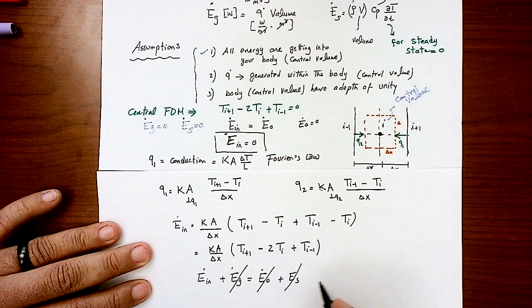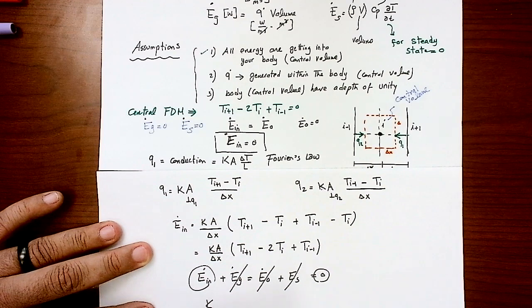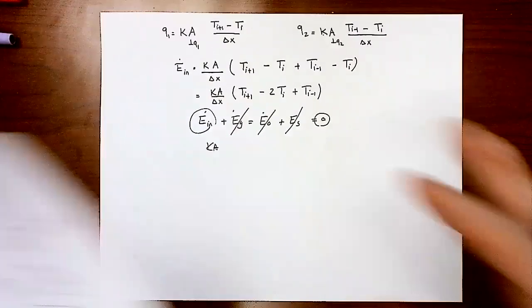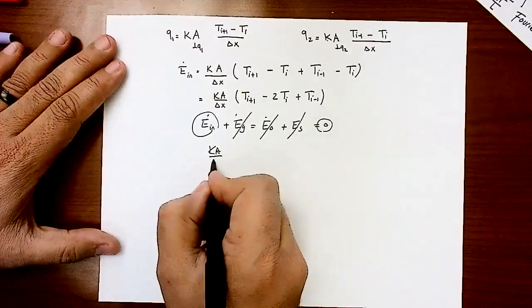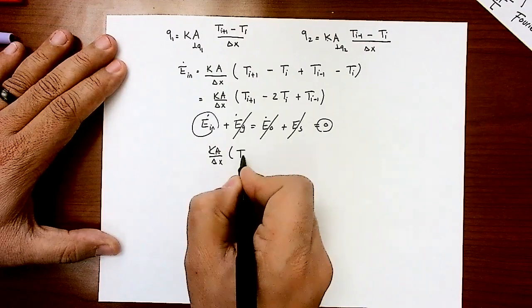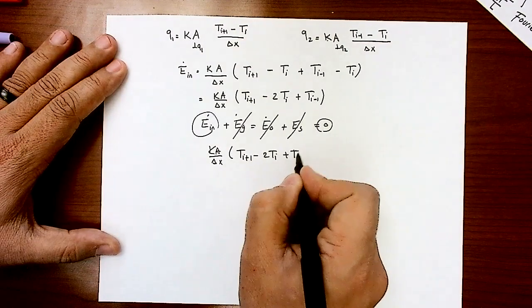So the energy in should equal 0, right? This term has to equal 0. So this term is the summation of these two. So I will have Ka. Now I don't think we need this. I would keep it for comparison. So Ka over delta X times Ti plus 1 minus 2 Ti plus Ti minus 1.